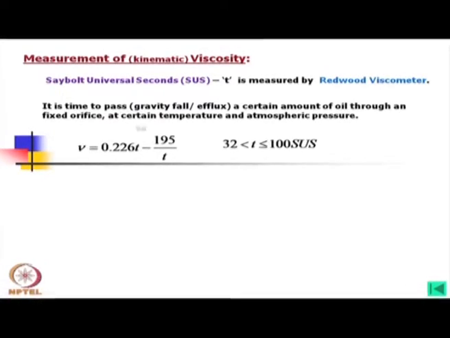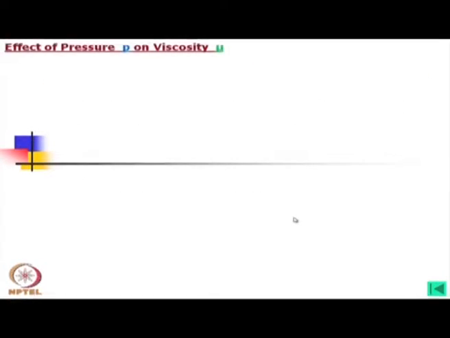This is an empirical relation which we can use where T is greater than 32 but less than 100 SUS. T is the time, and if it is more than 100, then we should use this formula. It will directly give you the kinematic viscosity of the oil.